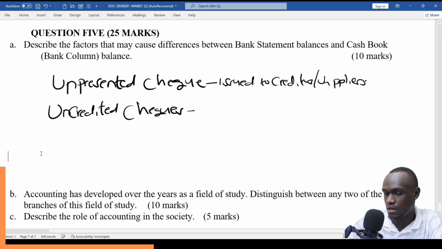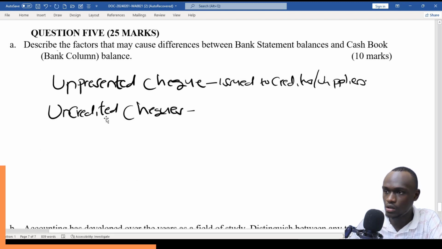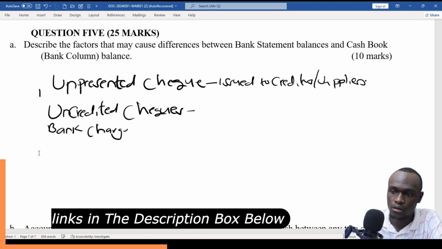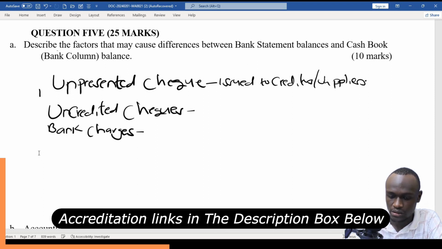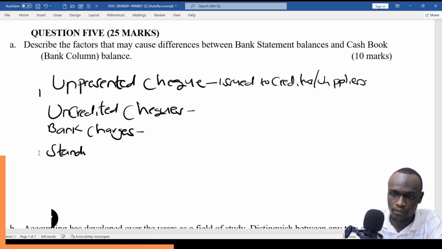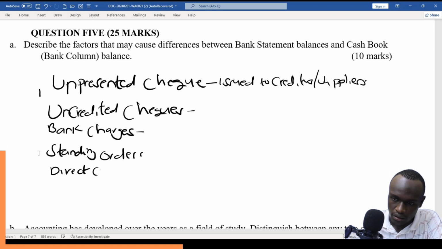So we look at items that will appear only in the bank statement. One is we have bank charges, and we also have standing orders, direct credits.